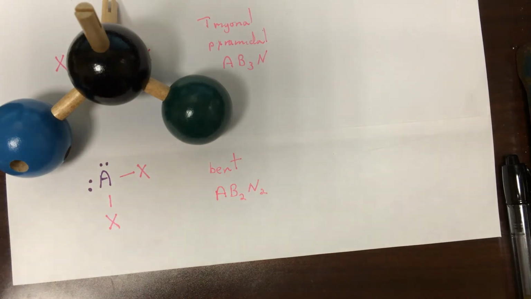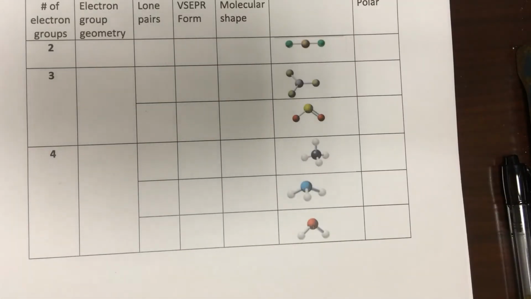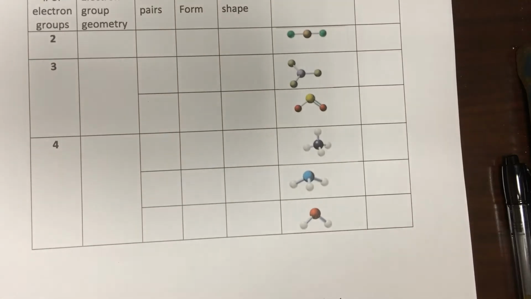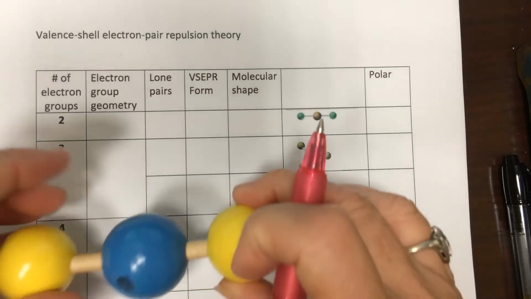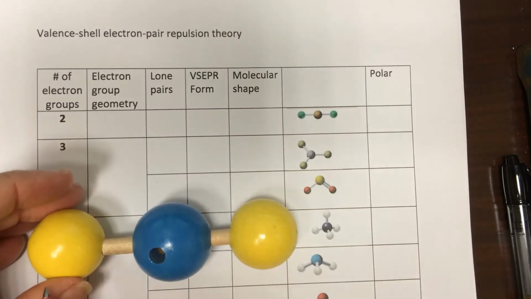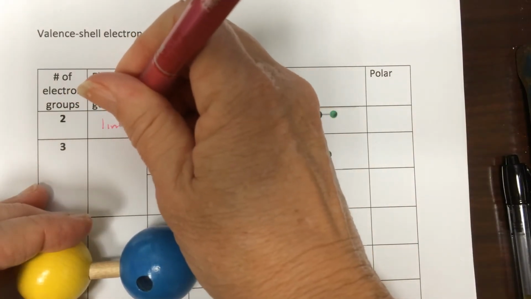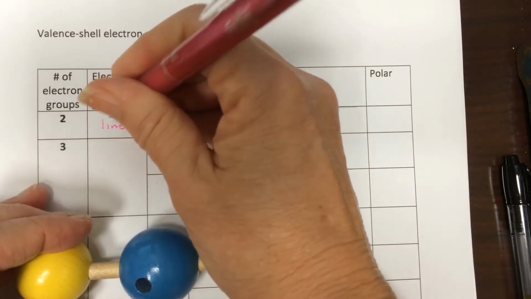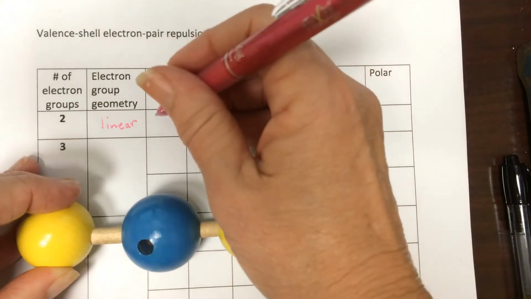Okay, so let's look at all this on our chart. If I have two electron groups, that's this one, our electron group geometry is linear. We have no lone pairs on this atom.